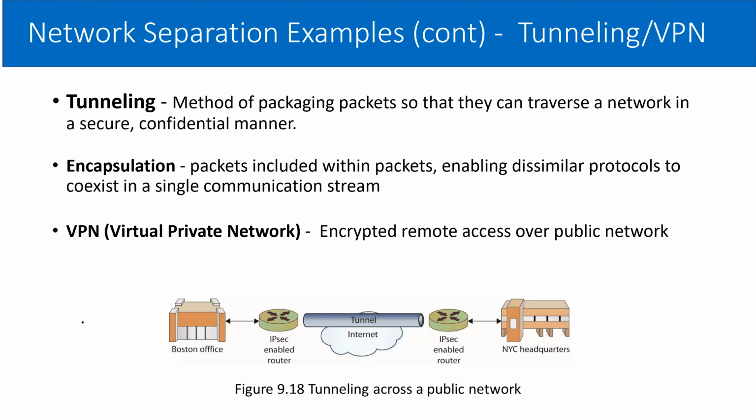The first layer may say, I only care about the address on the big box. Then when it gets to its next transfer point, they may open the big box. I only care about the address on the little box. And then it goes on, they open that up and they look at the big envelope. I only care about the address. So each layer of network technology is only concerned with the addressing information they need to pass it to the next step. But that's encapsulation. We'll talk about that when we get into protocols.